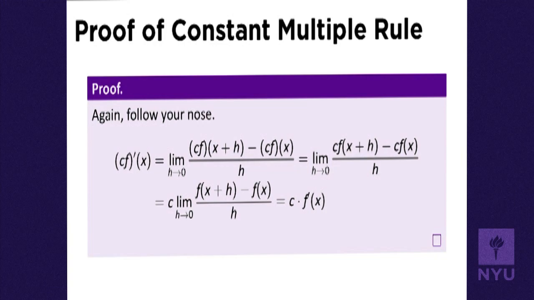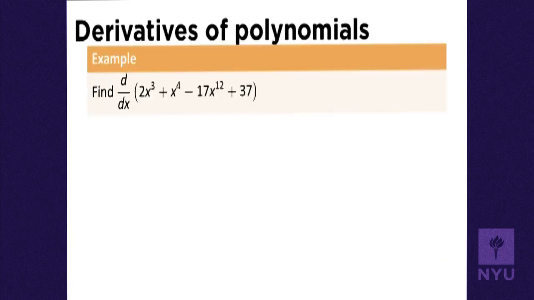So the derivative of a sum is the sum of the derivatives. The derivative of a constant multiple of a function is that constant multiplied by the derivative of that function. And if you put those two together, then you can also prove that the derivative of a difference is the difference of the derivatives. Okay, so that means we can do derivatives of complicated functions like this. This is a polynomial function.